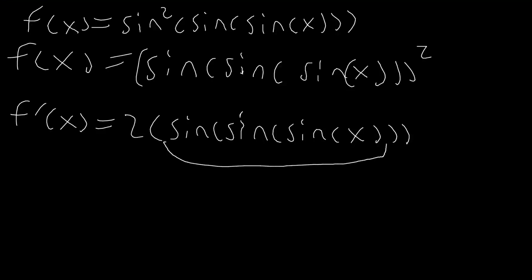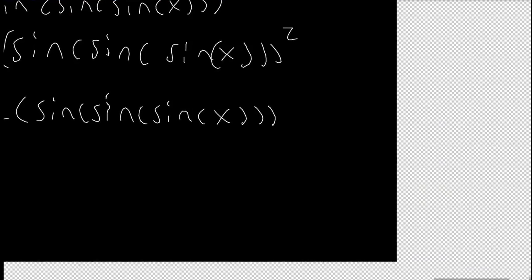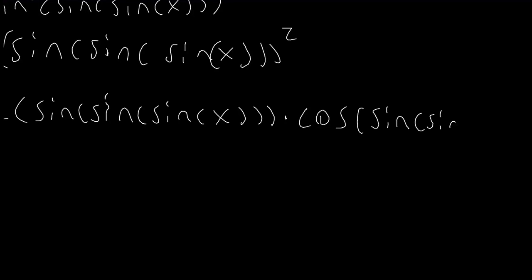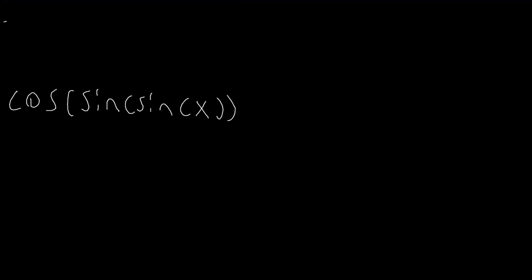So now we're going to take the derivative of this. This is our inside, and this is our outer function. So the derivative of sine is cosine. So it's multiplied by cosine of, keep the inside, this is our u, keep that the same. Cosine of sine of x. And now this is going to be our inside.